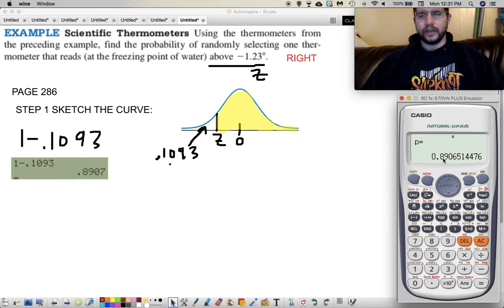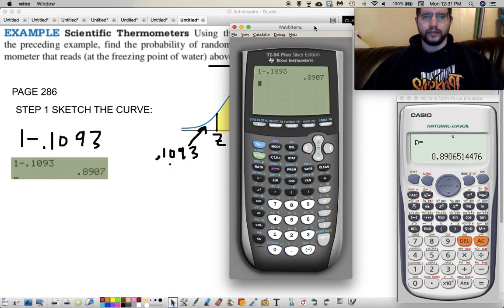Mean and standard deviation haven't changed, 0.8906. It's different. Oh, wait, no, it's not. Don't forget to round. It's 0.89065. That 5 rounds to 6 up to a 7. So again, we get 0.8907 using the Casio.